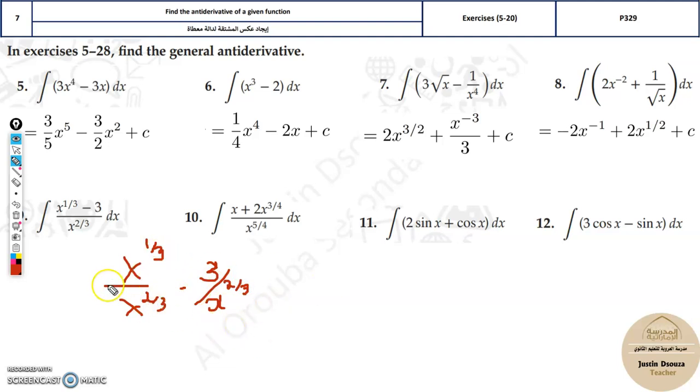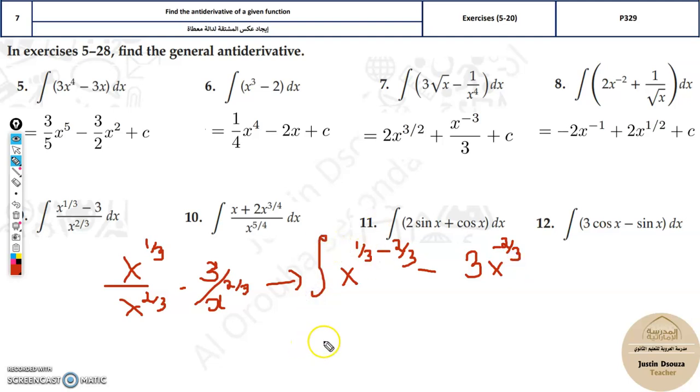Now take this up over here. When you take it up, what is going to happen? 1 by 3, this is over here, minus 2 by 3. Why? Because the power over here in the denominator, when it goes up, the variables are the same, x and x. So you just subtract the power. Minus 3, take this up, minus 2 by 3.